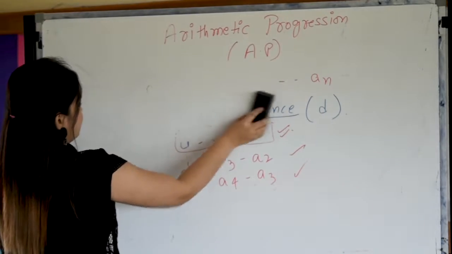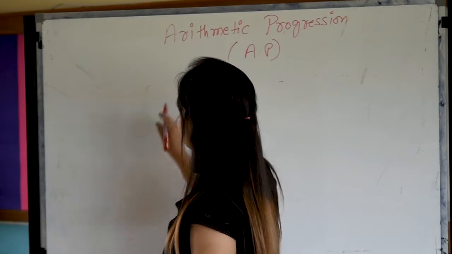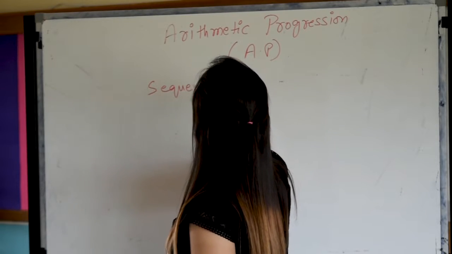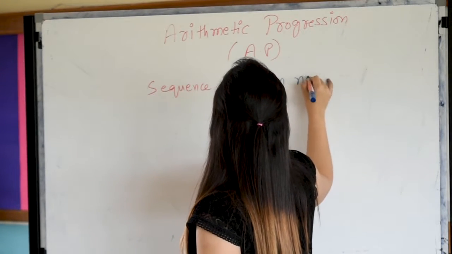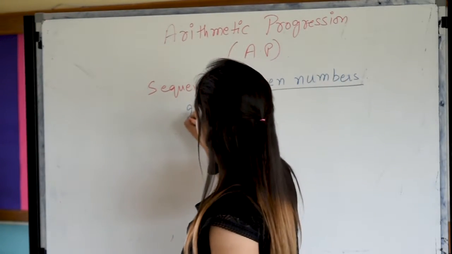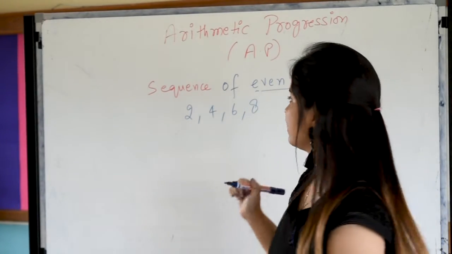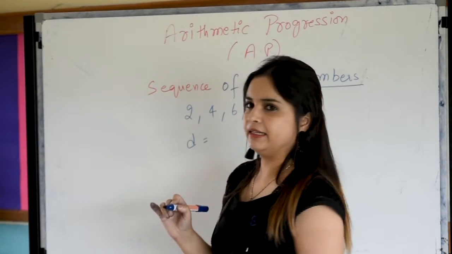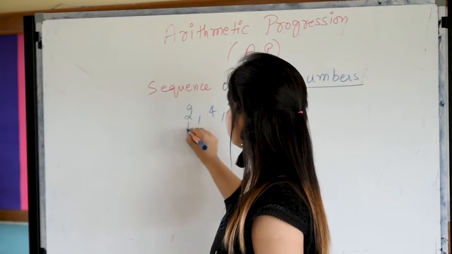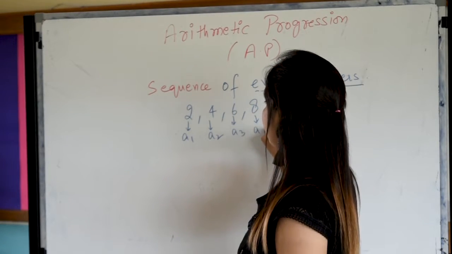Now let's see an example. Suppose I take a sequence of even numbers. Okay? What are the even numbers? 2, 4, 6, 8. Suppose I take only 4 terms. Now, what is the value of D? D is A2 minus A1. So, if this is my A1, this is my A2, this is my A3, this is my A4.